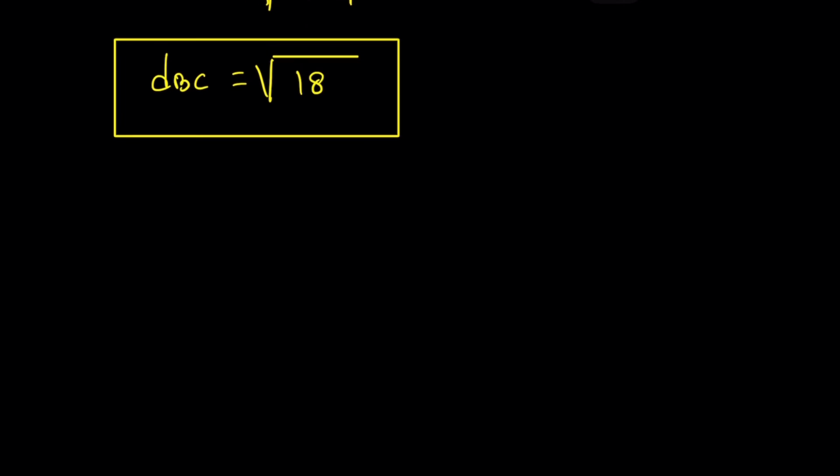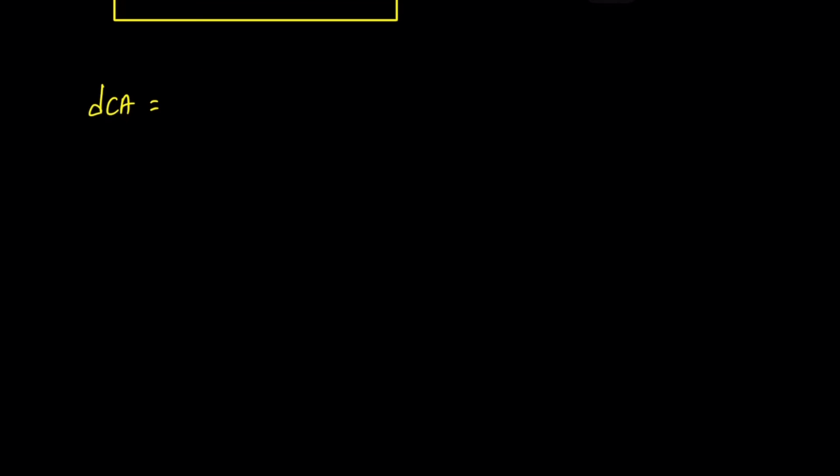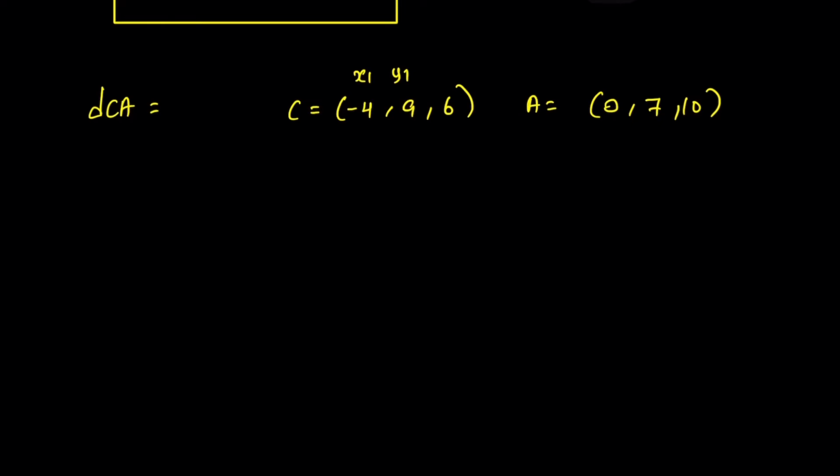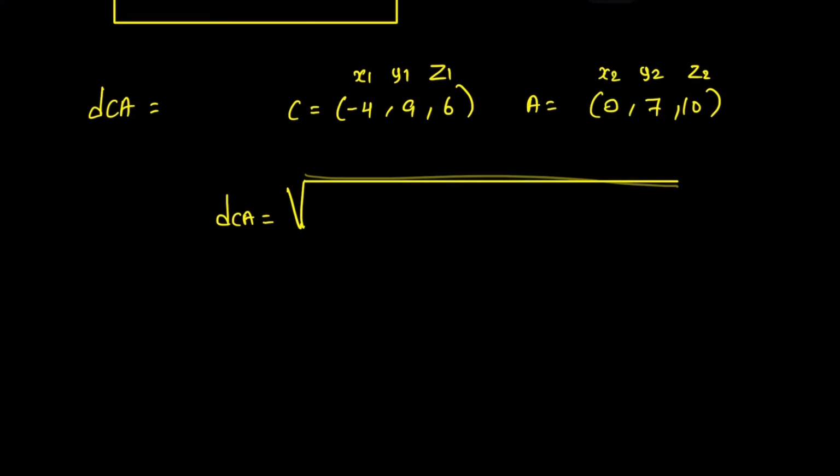Next one, DCA. The C value is -4, 9 and 6. The A value is 0, 7 and 10. So what's the value? X1, Y1 and Z1, then X2, Y2 and Z2. So now check. DCA is equal to the square root of, what is the formula here?